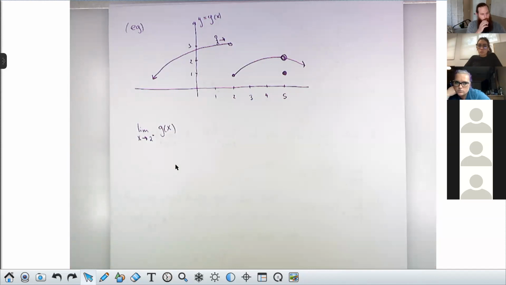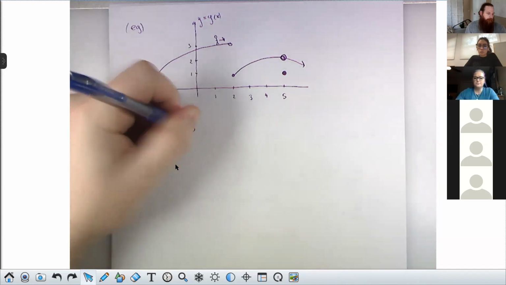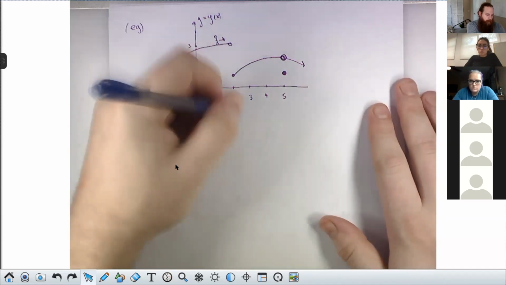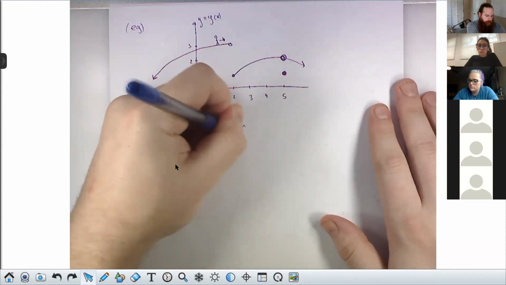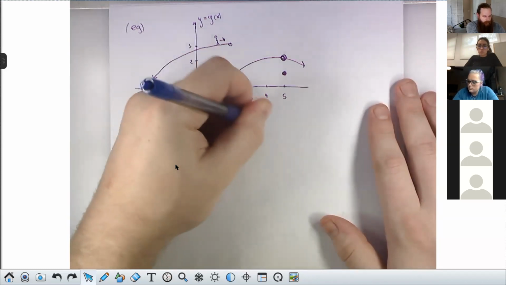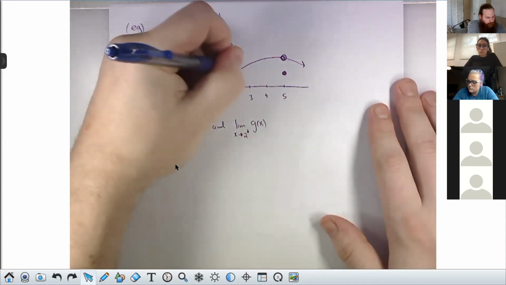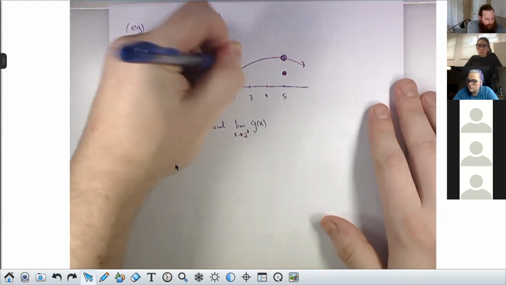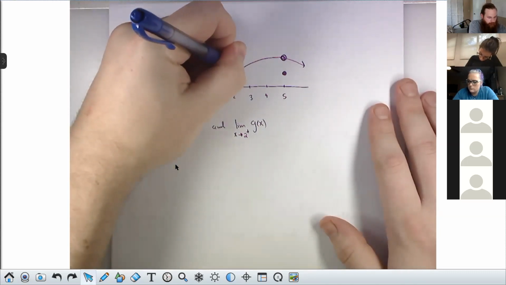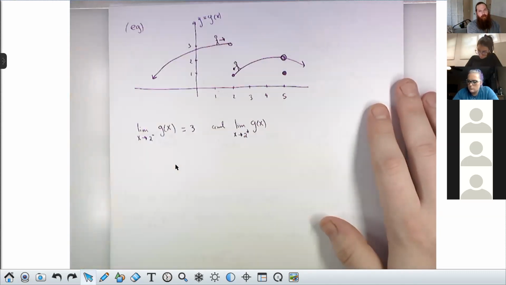And what if I wanted to sneak up on 2 from the right? I want to look at the limit as x approaches 2 plus of g of x. Well, that would mean my little dude is down here because he's stuck to the graph, but he's still trying to walk up towards x equals 2. So what's he getting closer and closer to? 1. He's getting closer and closer to 1, yeah.